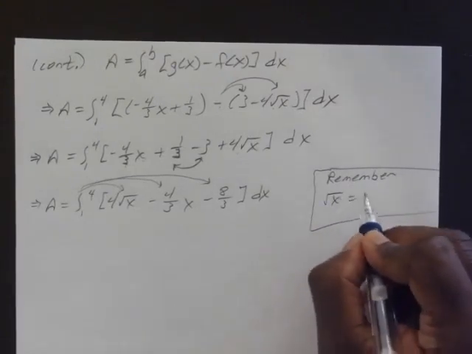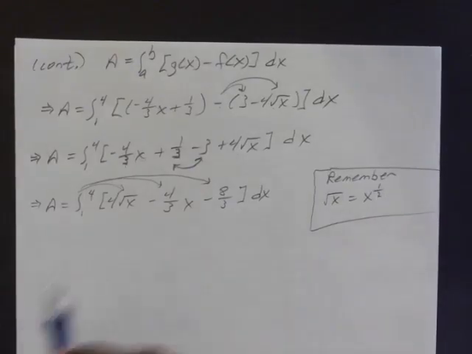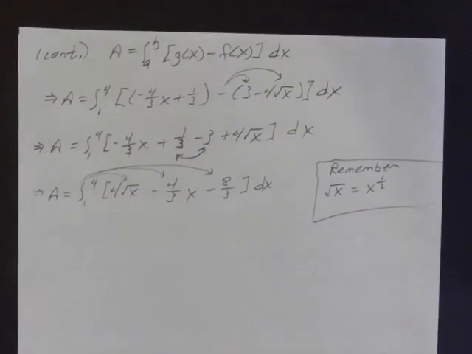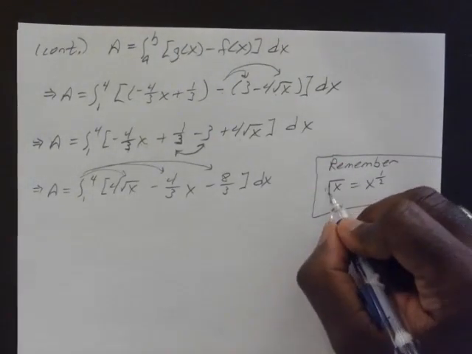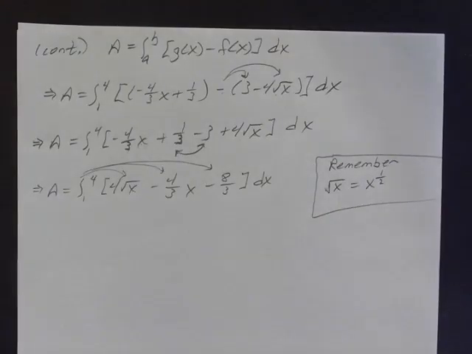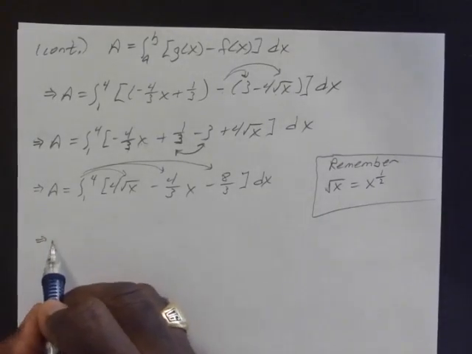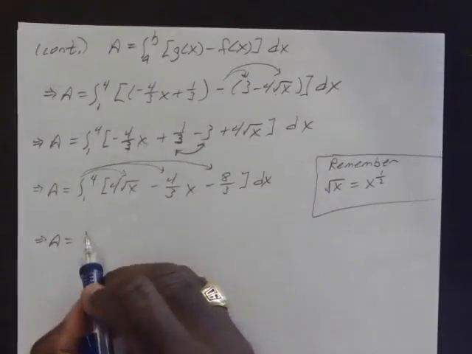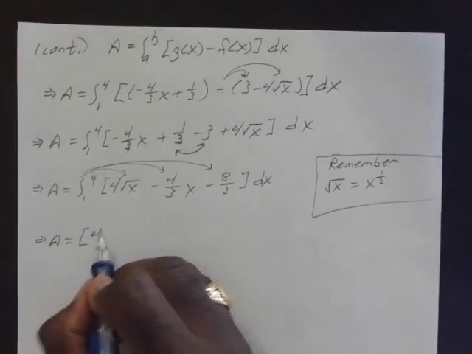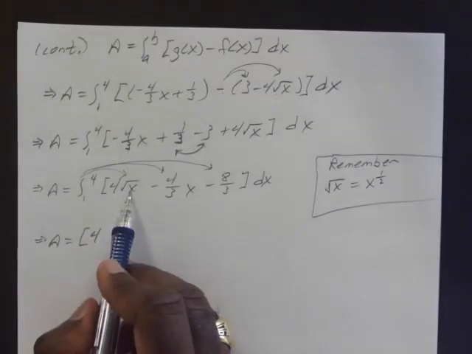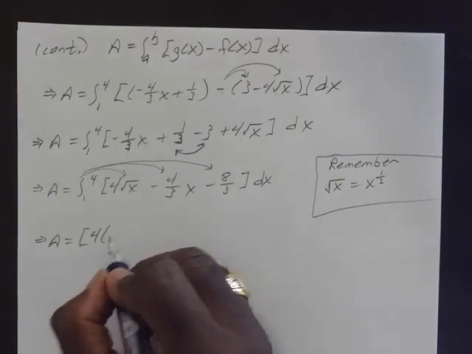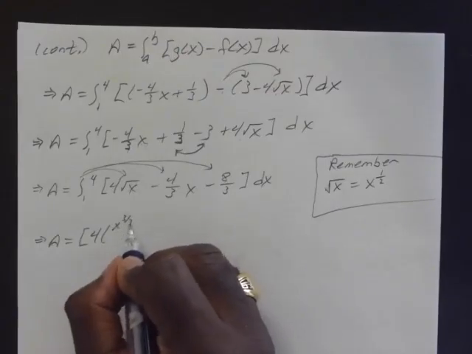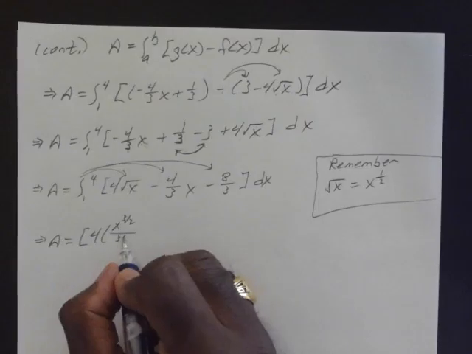Square root of x is just x to the 1/2 power. Okay, that gives us 4. So you have x to the 1/2 power, so the integral of that is x to the 1/2 plus 1, so that's x to the 3/2 divided by 3/2.